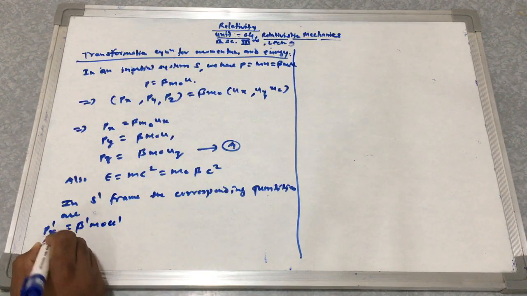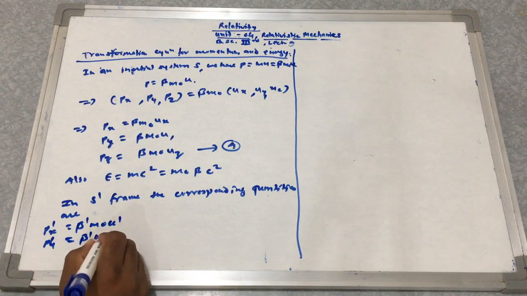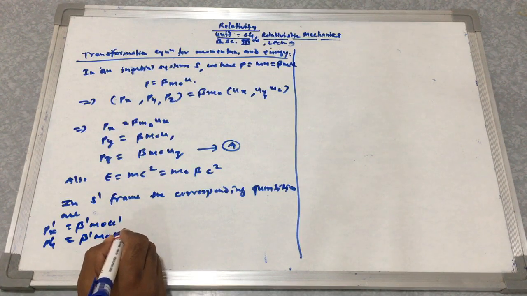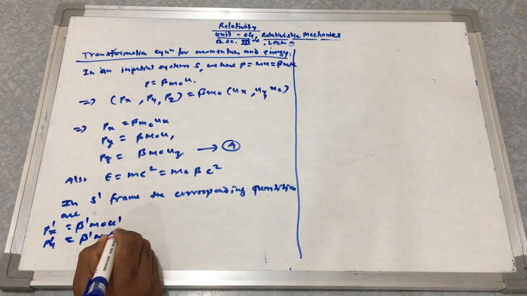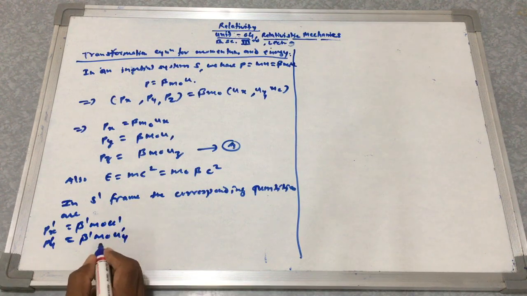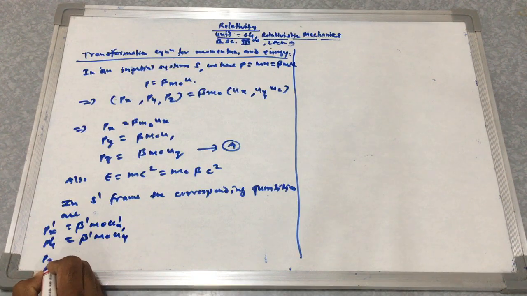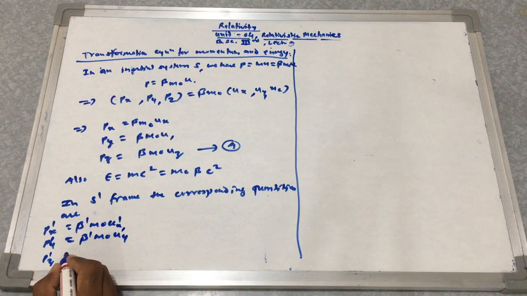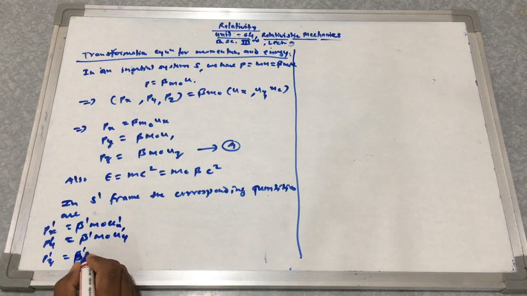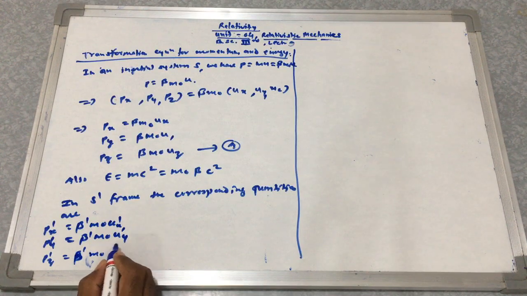Then Py dash is equal to beta dash m0 uy dash. Then Pz dash is equal to beta dash m0 into uz dash.